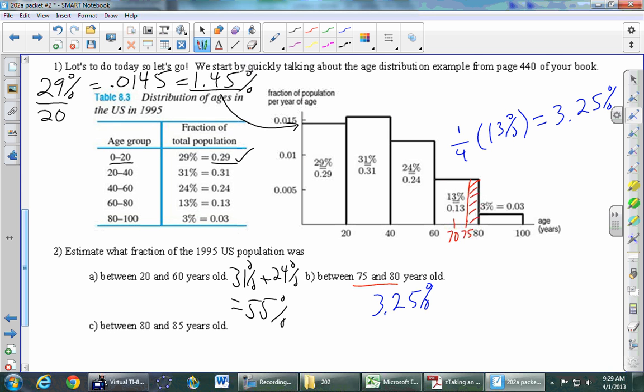Assuming we believe everything in the chart and only what's in the chart, is this an exact answer or is that an estimate? What did we have to assume in order to do this? That it was uniform. We had to assume the same number of 80-year-olds as 61-year-olds.